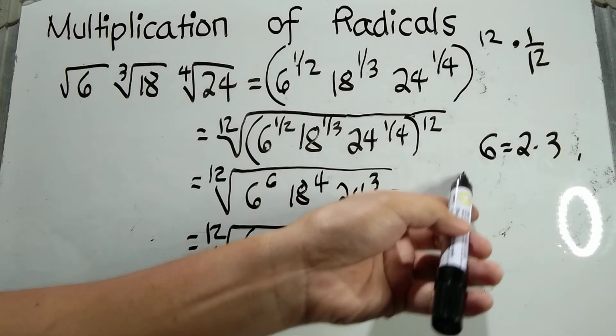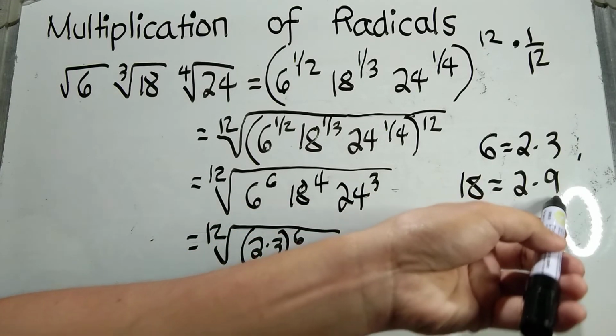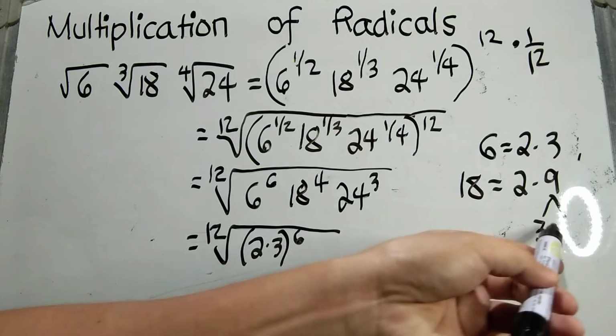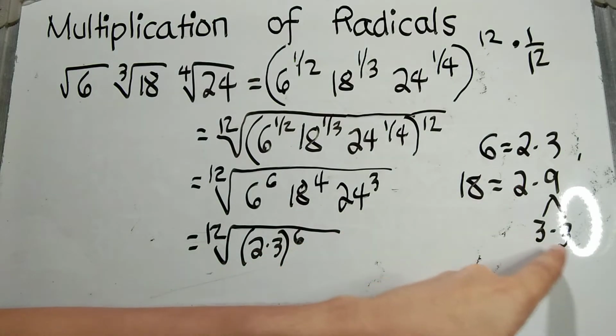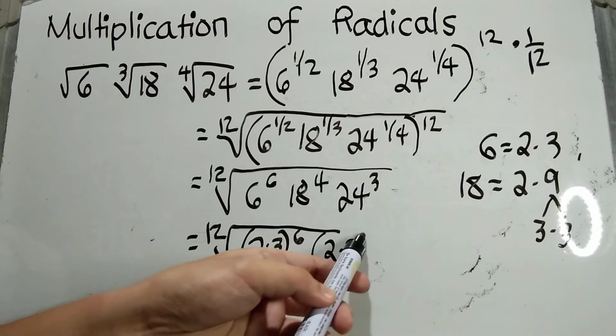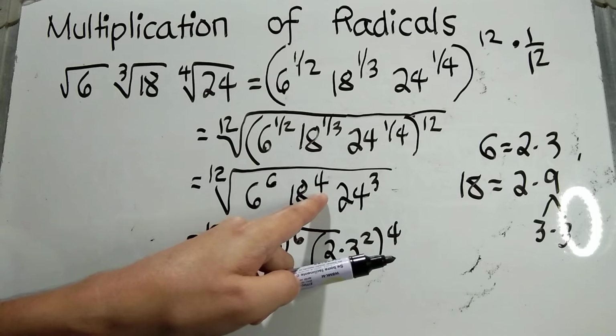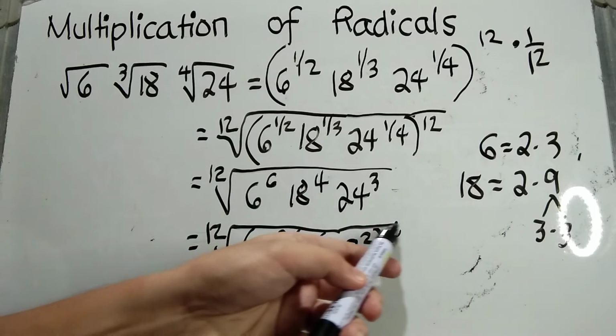And then 18 can be written as 2 times 9, and then 9 can be written as 3 times 3. So you have 2 times 3 times 3, or this is now 2 times 3 raised to the power of 2. And don't forget that you have an original exponent of 4.